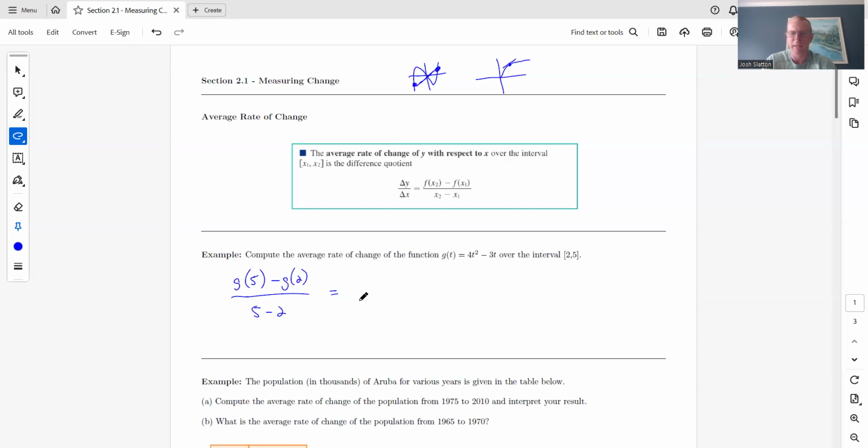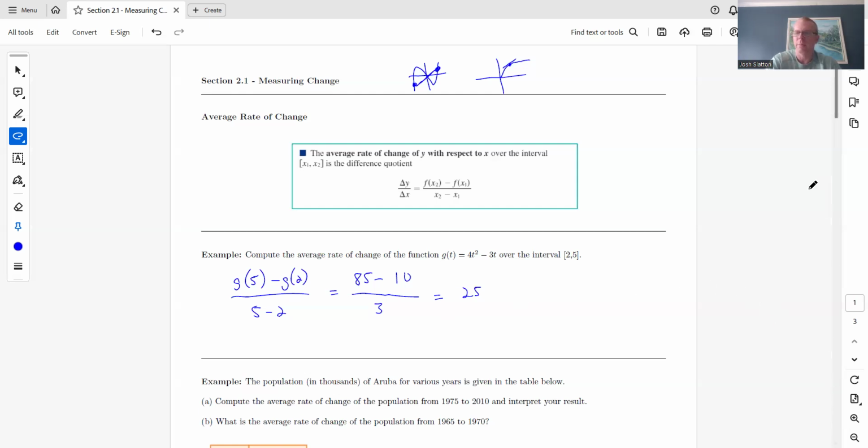We can find g of 5 is 85, and g of 2 is 10. And 5 minus 2, of course, is 3. So we end up with 75 over 3, and that gives us 25. So every unit, and maybe t is representing time here, every second, this function g is changing positively by 25.